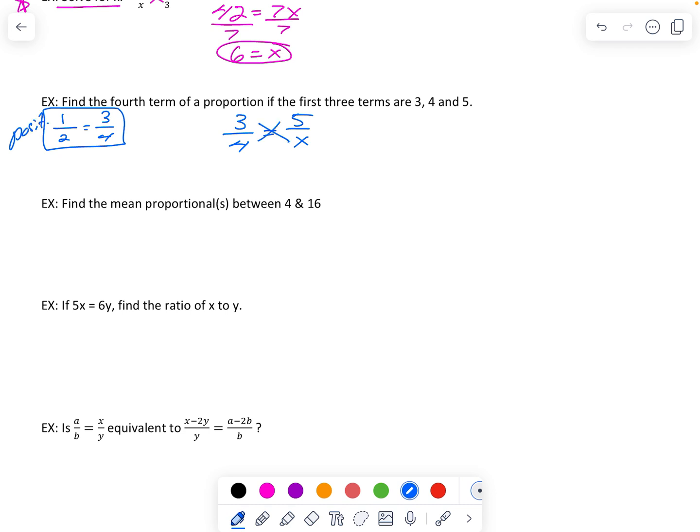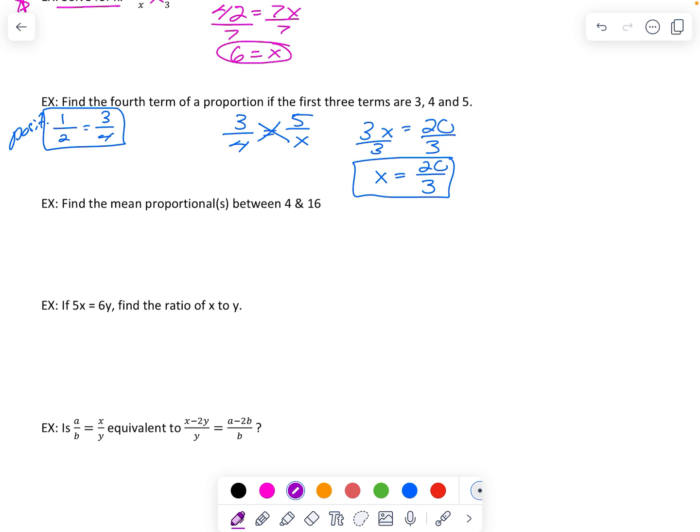So cross product here, we get 3x equals 20. X equals 20 thirds. And we're going to leave it like that. There's no decimal approximation. If it's a repeating decimal, we're going to leave it in terms of the fraction.